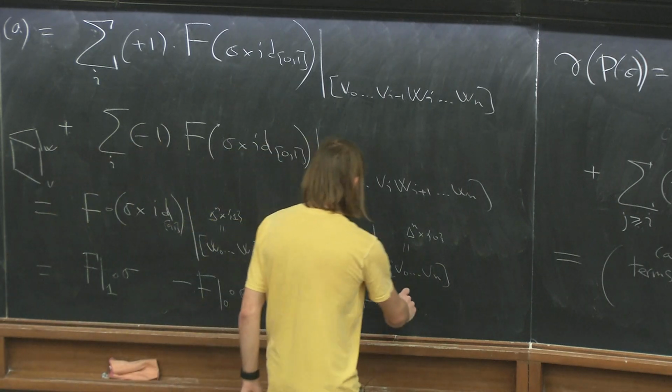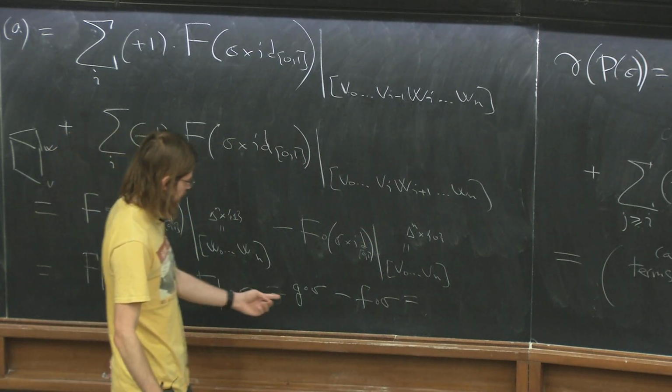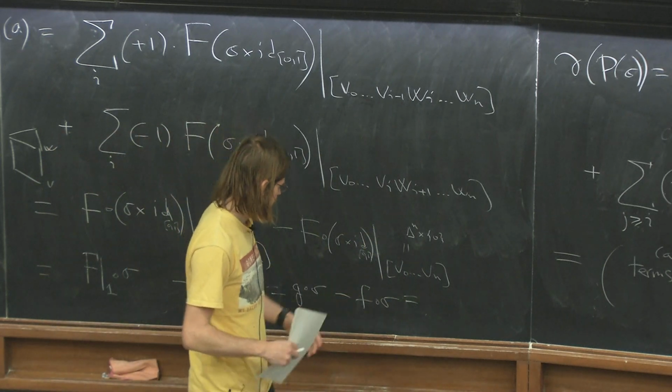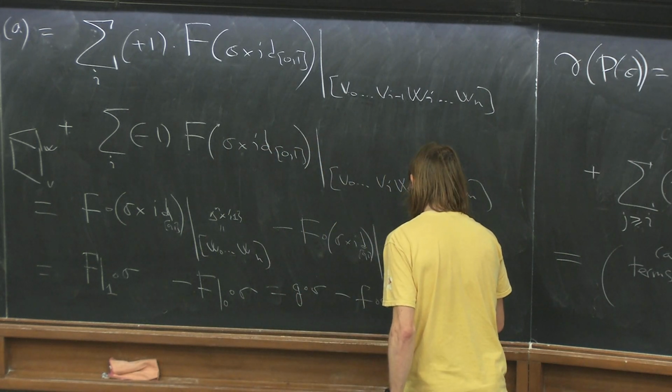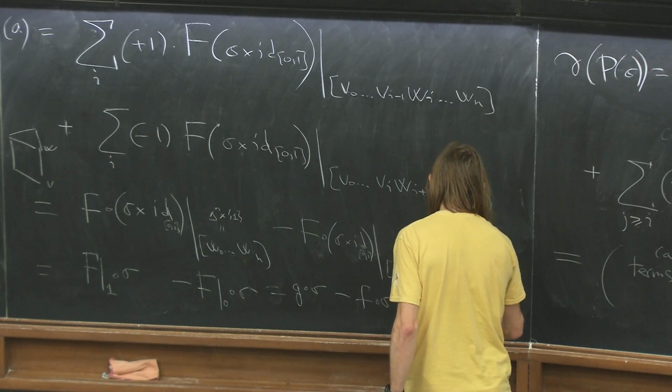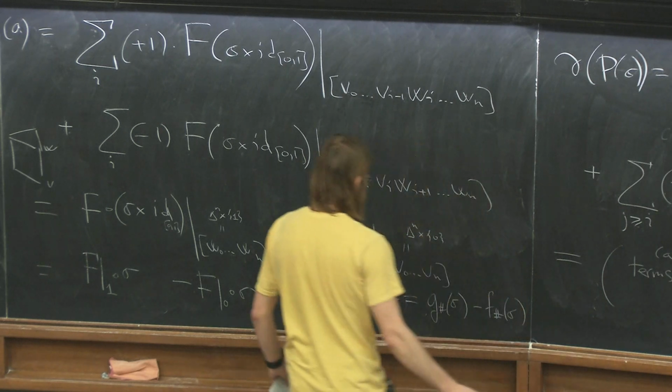So what we get here, by definition, is the action of the induced map on the singular chain. So we can rewrite it. This is just by definition the same as g sharp of sigma minus f sharp of sigma.